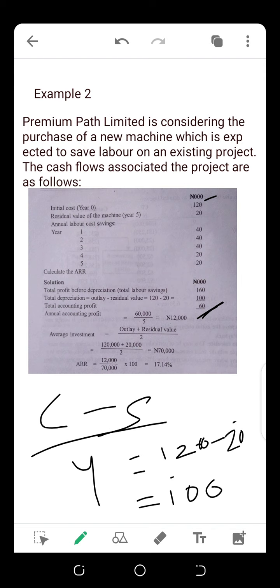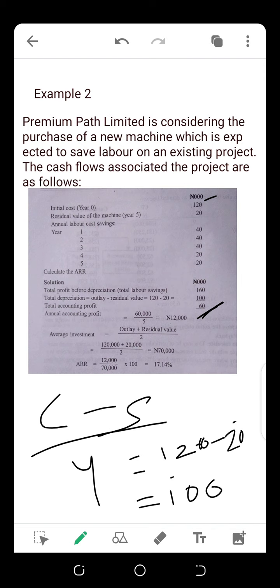Then average investment outlay cost. It is obvious. Just look at it. You will see that depreciation is there. At year 0, when nothing has yet happened to that asset, it is 120. Then when the asset is at 5 years, it is 20. It is very obvious that depreciation has taken place, meaning that the asset has depreciated to the residual value, meaning the scrap value at the end of the year.